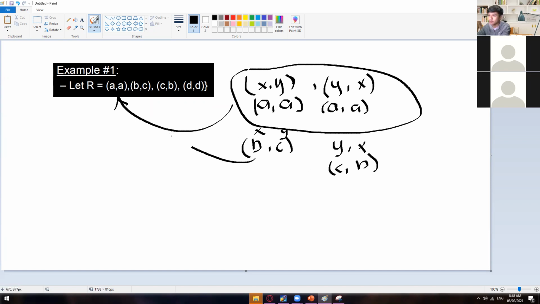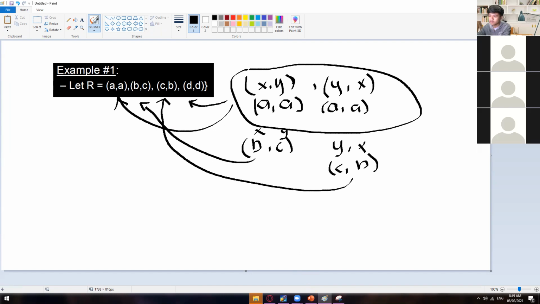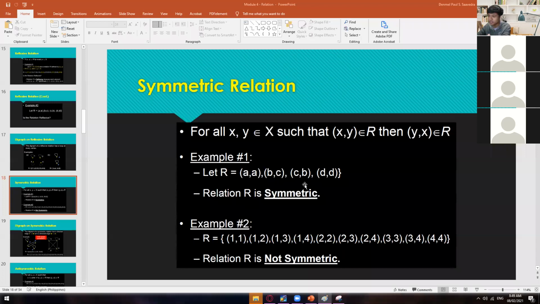So we have (b,c), which is this one, and then we also have (c,b). And this (b,b) is the same concept. Simple as that: if you have (x,y), you should also have (y,x). Did you guys get it so far? Yes, sir. All right, so this one's very straightforward.